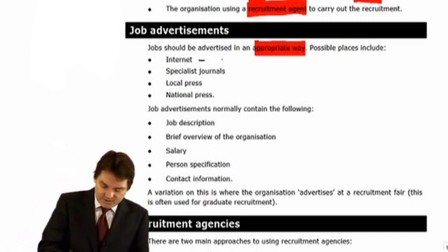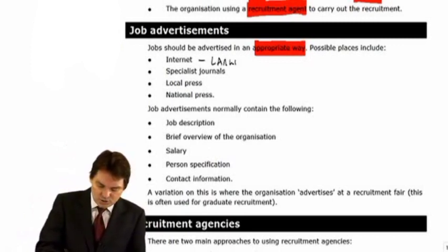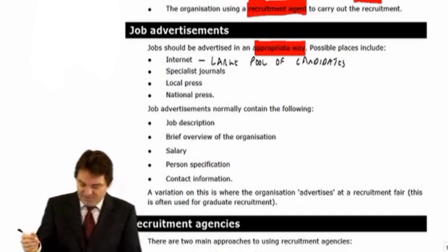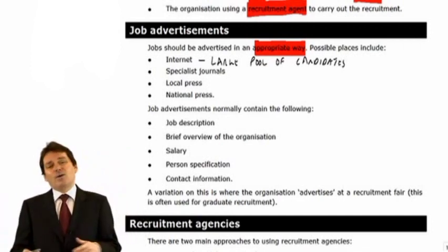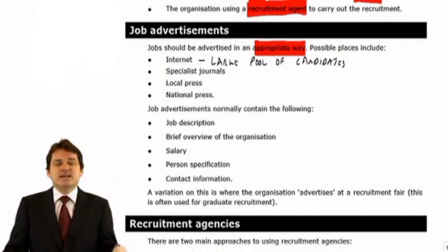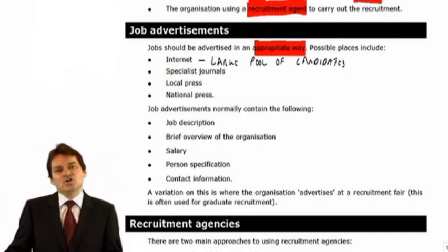Well, the biggest advantage is that there is a large pool of candidates. If you are advertising a job on the internet, then anybody around the world who has access to the internet could potentially apply for that job.